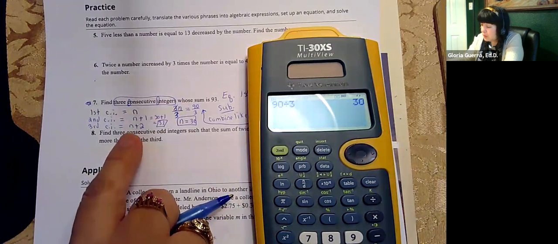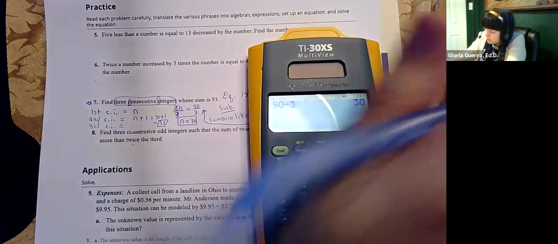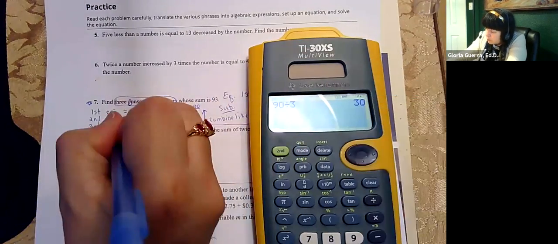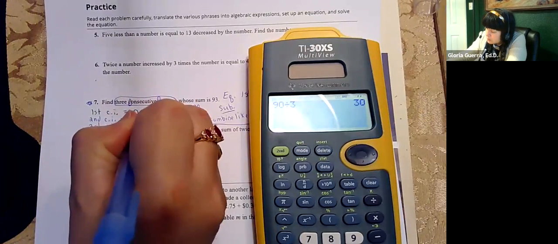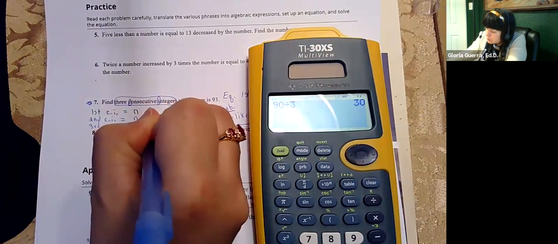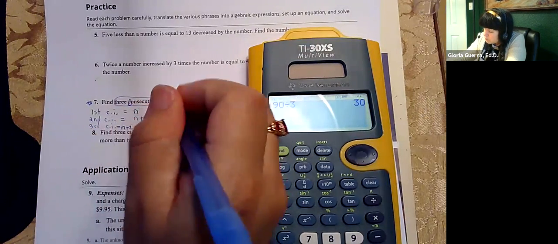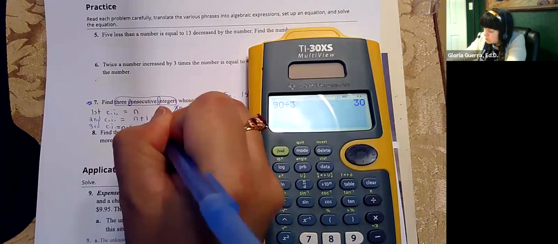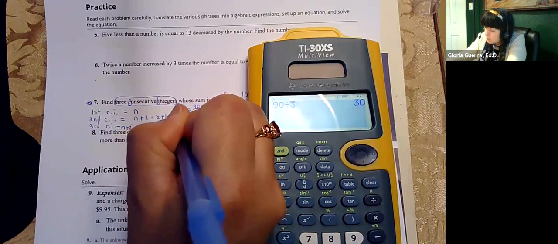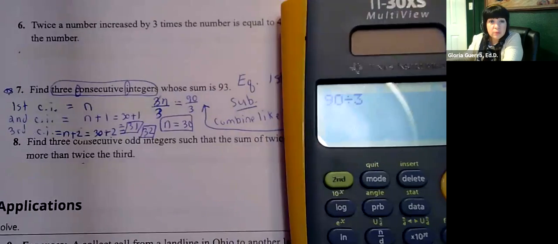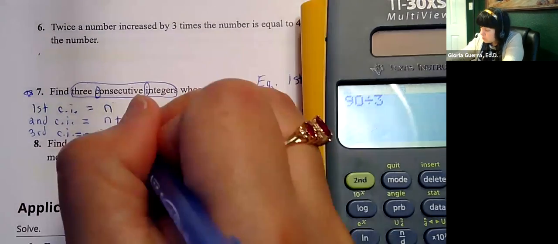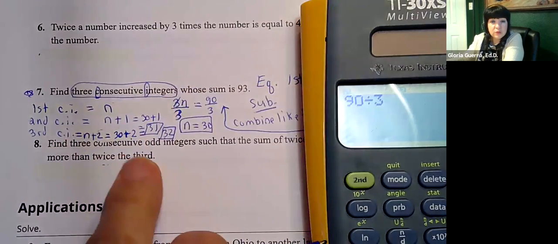So the next one is n plus 2. That's 30 plus 2, and 30 plus 2 is 32.